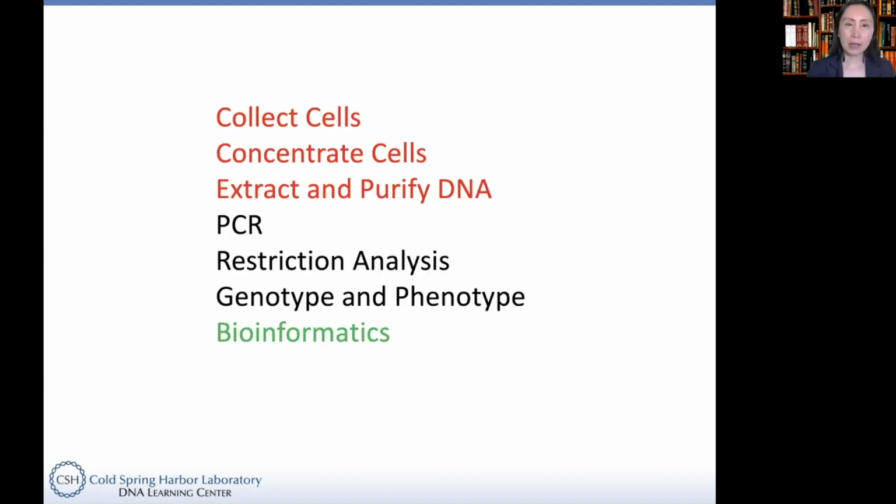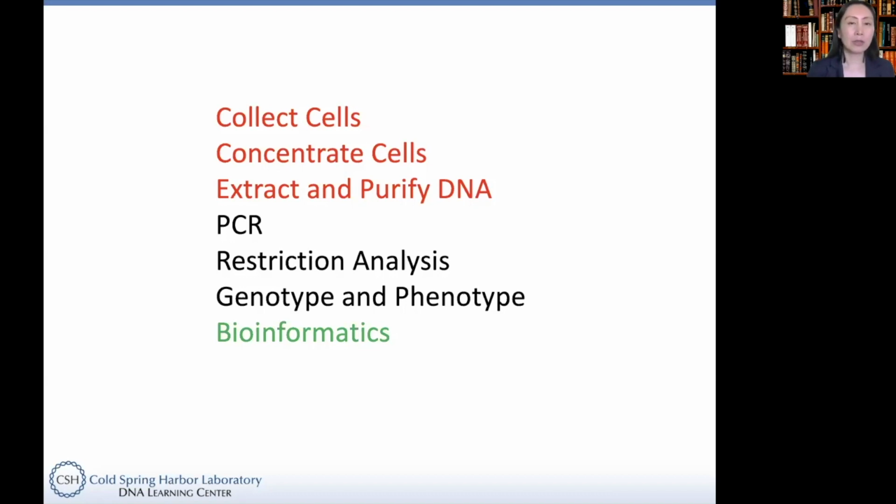To study this, we need to collect cells, concentrate cells, extract and purify DNA, then use that DNA to do PCR amplification, and later on use restriction analysis to find out the genotype. And we are also going to use PTC paper to test the phenotype.